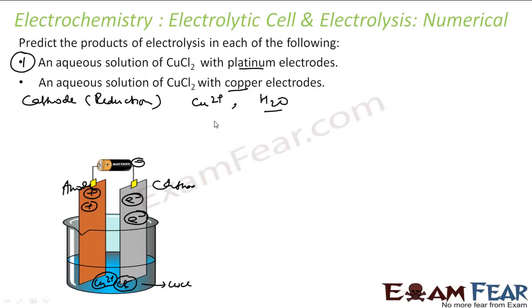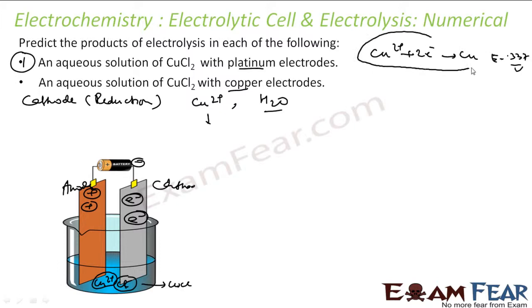If you talk about the copper ions, if I write the equation, Cu2 plus takes 2 electrons and becomes copper. This is 0.337 volt. In fact, this is a spontaneous reaction on its own. Copper ion is reduced on its own to become copper.